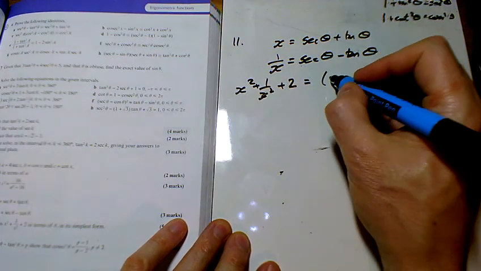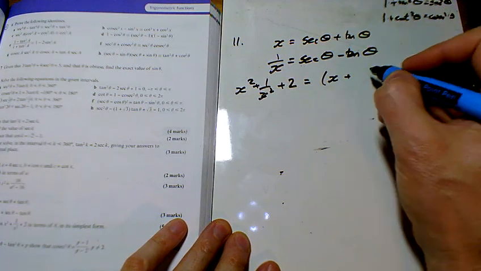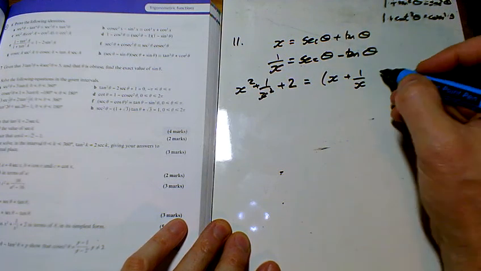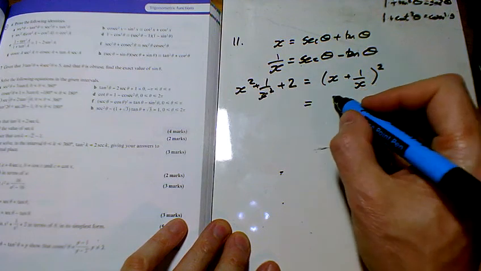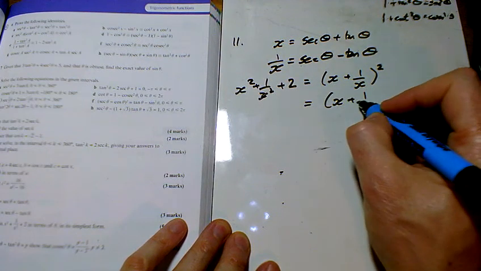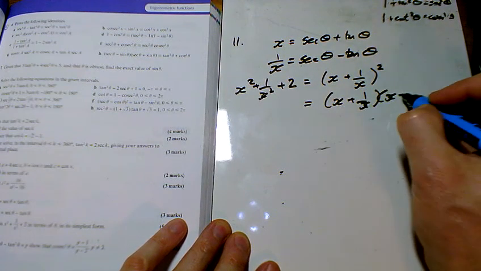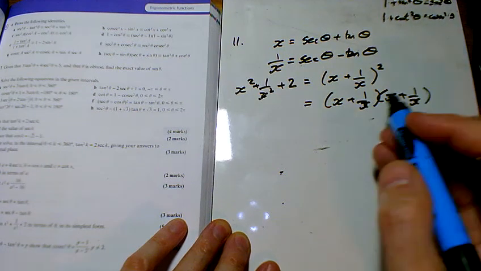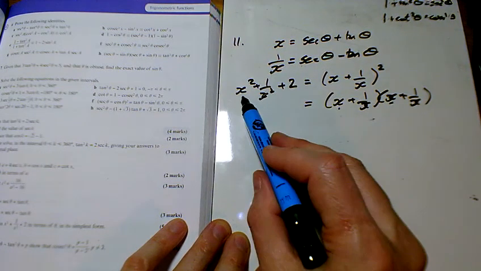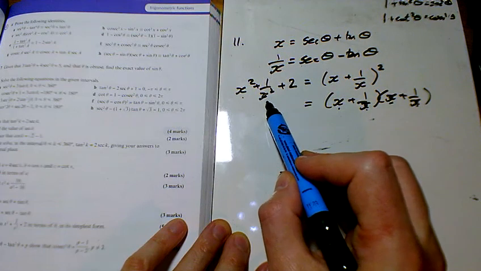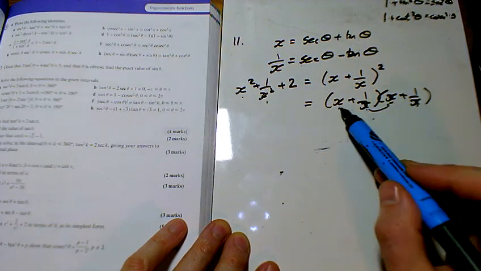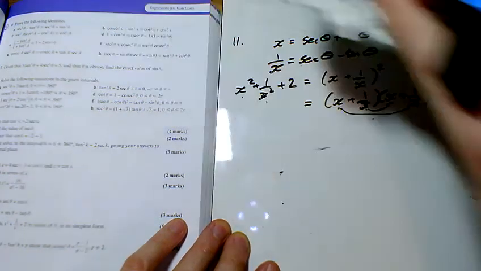I'm thinking, isn't this the same as x plus 1 over x all squared? Isn't this the same as x plus 1 over x times another x plus 1 over x? Because look, you'd get x times x is x squared. You'd get 1 over x times 1 over x, which is 1 over x squared. And then you'd get 1 from that and 1 from that, making 2.